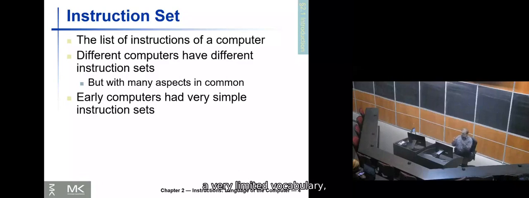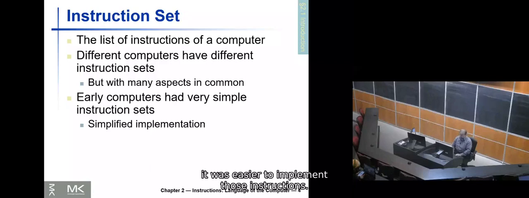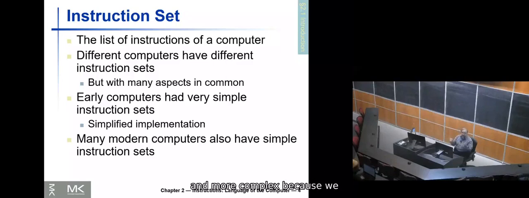That's just that, a very limited vocabulary, very limited instruction sets. And at that time, because it was at the beginning of the technology, it was easier to implement those instructions. Then, after a while, we made instructions more and more complex, because we wanted to improve the performance.